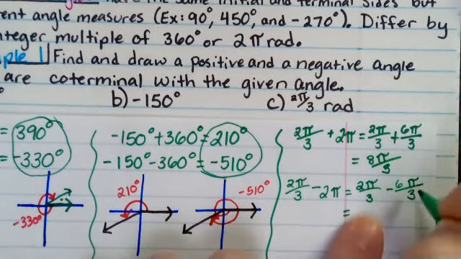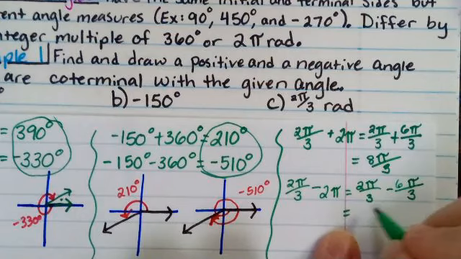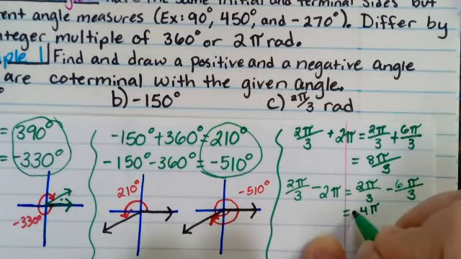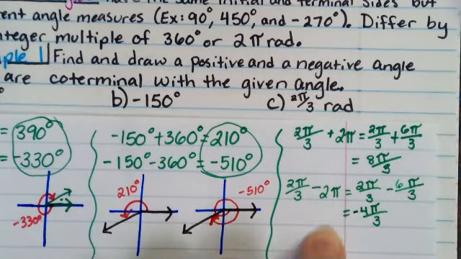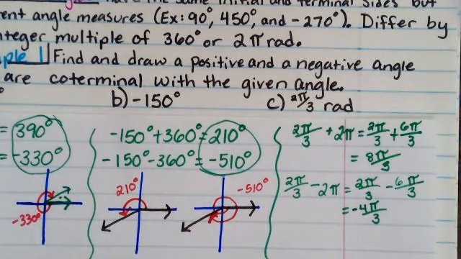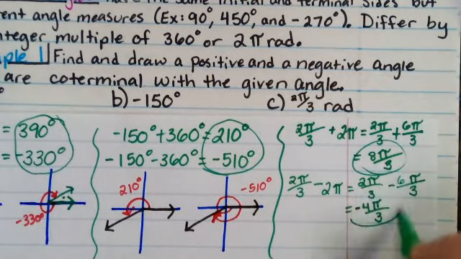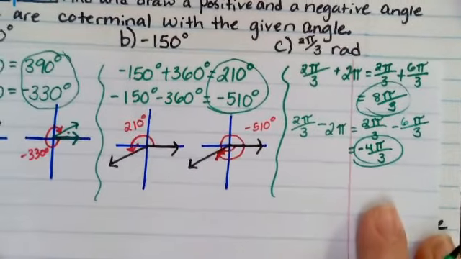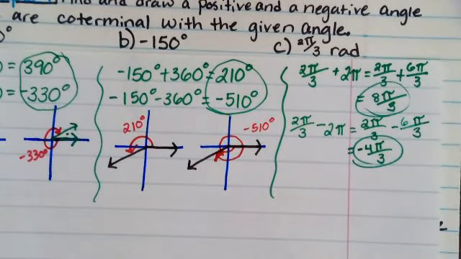All right, 2 pi minus 6 pi, that's going to give us negative 4 pi over 3. So these are coterminal angles, okay? They're in radians, but the question gave them to us in radians, so that's what we have to go with, right? All right, so let's draw these really quick.